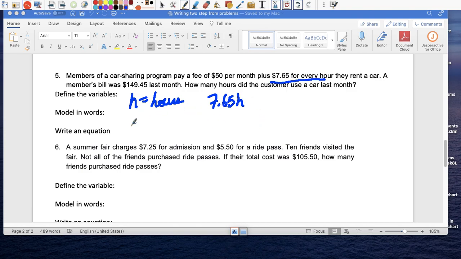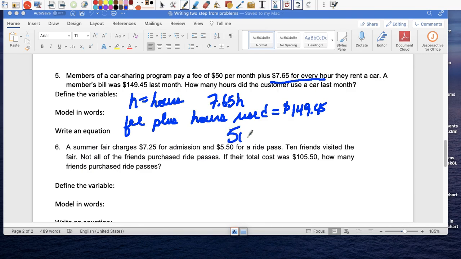The model is the fee plus the hours used gives me my total bill of $149.45. So the equation is 50 plus 7.65H equals 149.45.